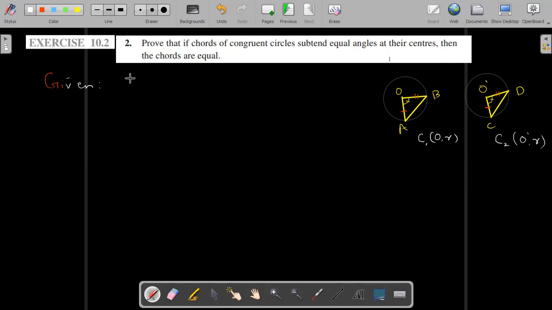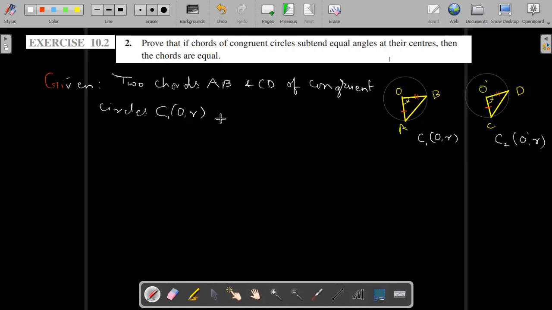So we are given two chords AB and CD of congruent circles C1 with center O and radius R, and C2 with center O dash and radius R respectively.